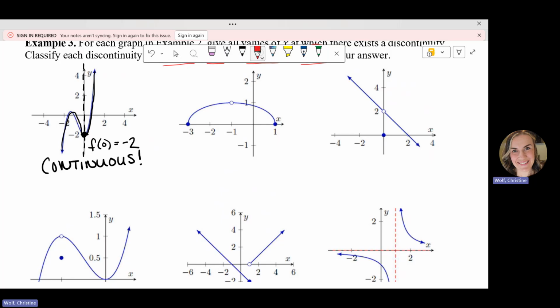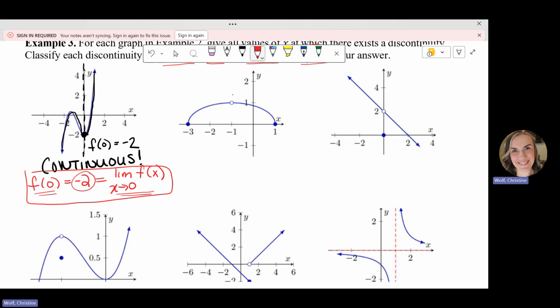If you want to add this to your notes, you can just write f of 0 equals -2, and -2 is also equal to the limit as x approaches 0 of this function. So that's the notation. I have proven that this and this both equal -2. We are continuous. Okay, next one here.